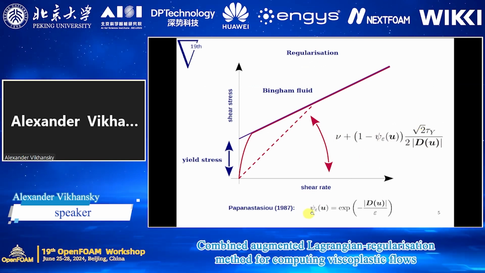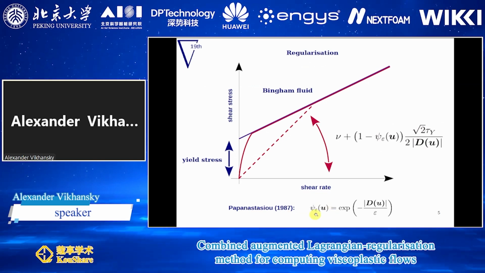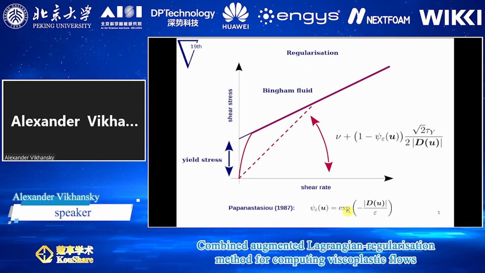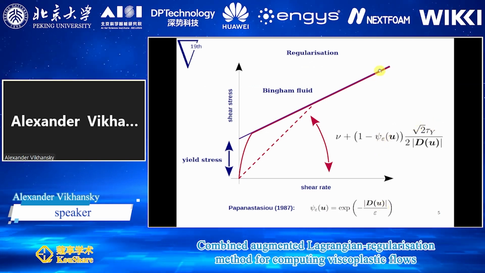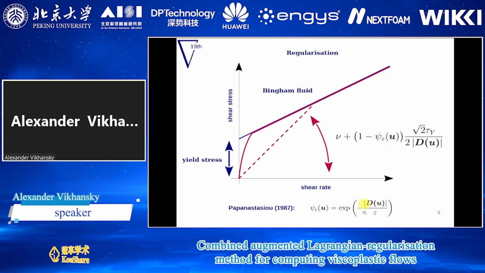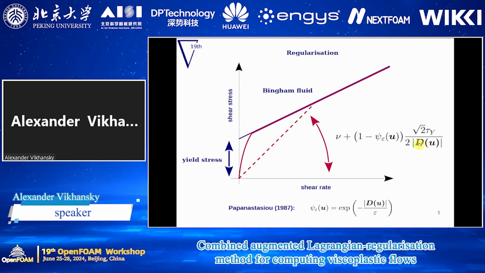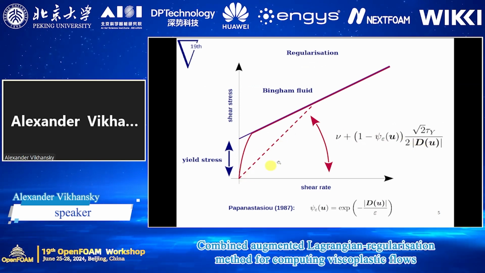And probably one of the most popular models is by Papanastasiou. So there is this regularization function. At high shear rate, it is zero, right? So we have this region, and at low shear rate, it approaches 1, so it means that 0 divided by this 0 gives you some finite limit in this region.